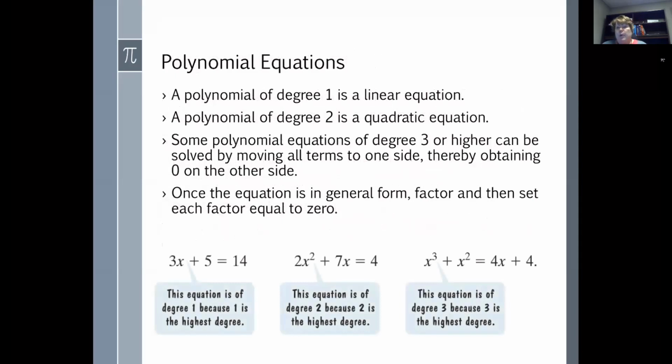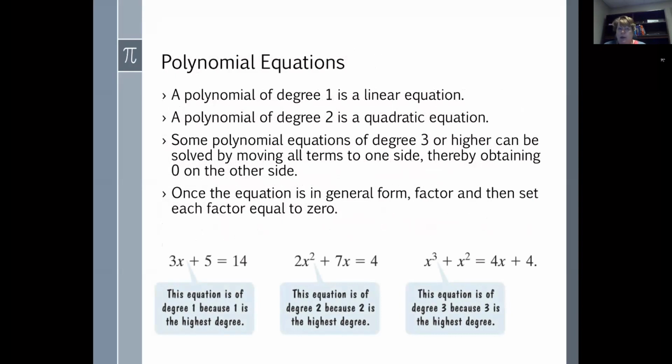A polynomial equation of degree 1, the exponent on our x is 1, is linear. A polynomial equation of degree 2, the largest exponent on any one of our x's is the number 2, that's quadratic.